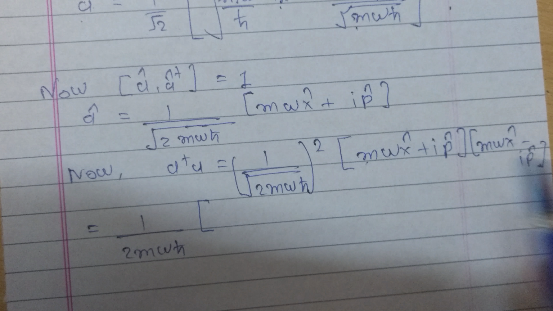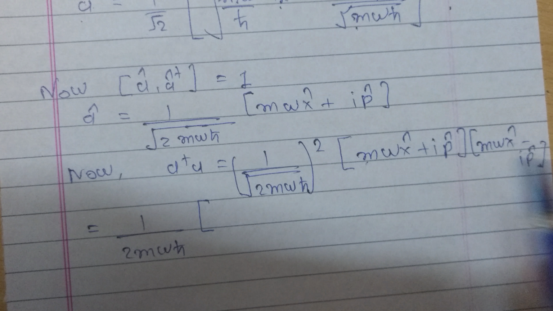Now let's assume an operator a cap which is equal to 1 upon root 2 times the square root of m omega by h cut x cap plus i p cap by the square root of m omega h cut.